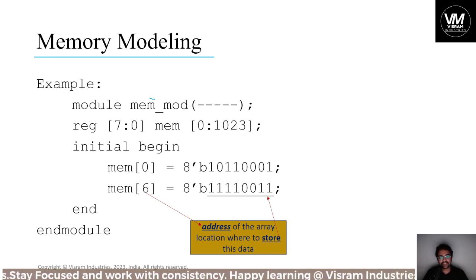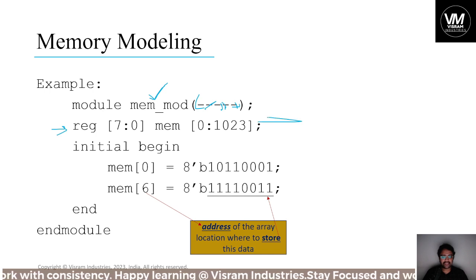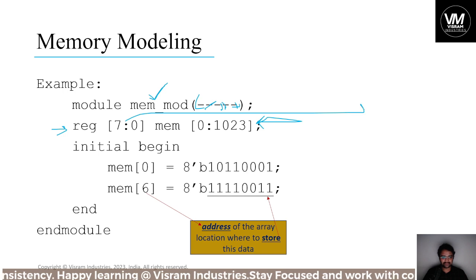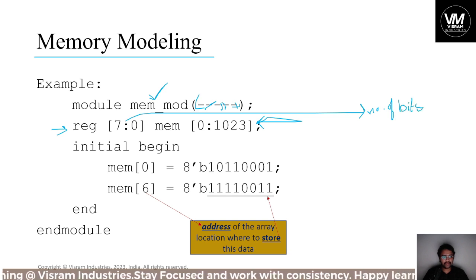Whatever might be the memory model that you want to write with group of inputs, this is the syntax you need to follow. As I have explained yesterday, this is nothing but number of bits per register.